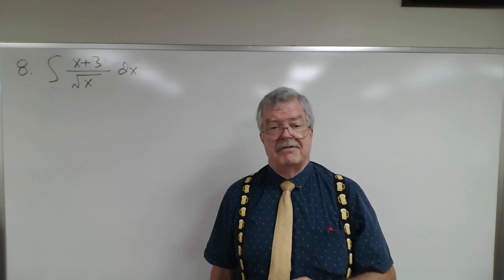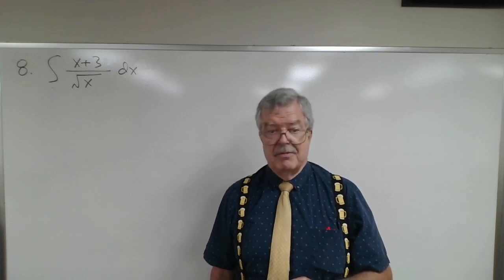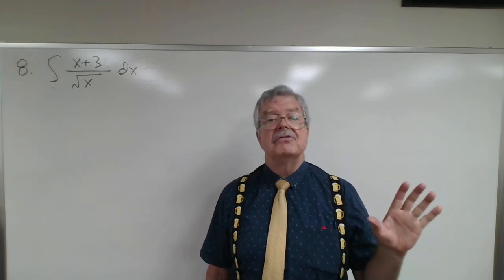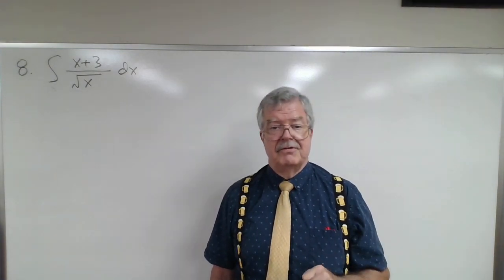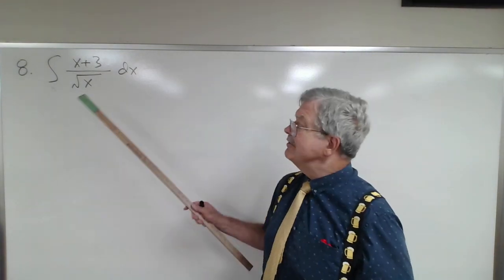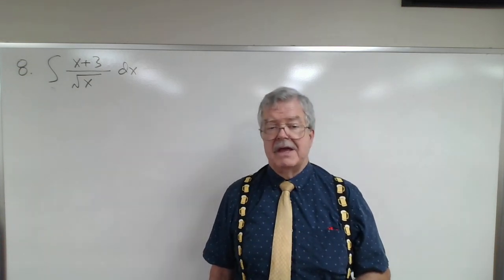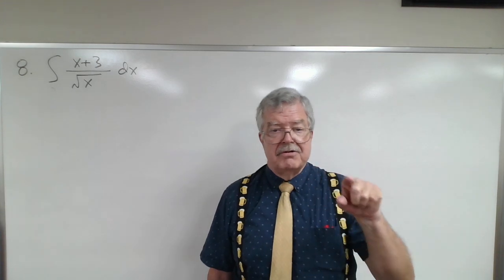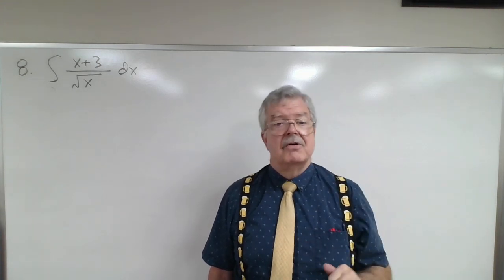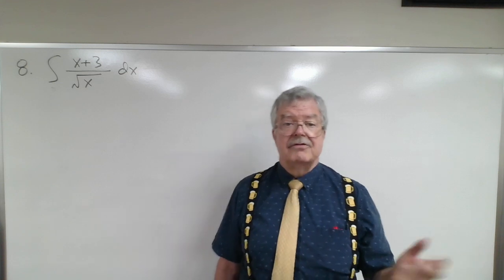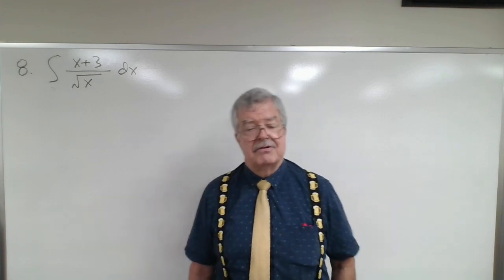The derivative of a sum or difference is the sum or difference of the derivatives. And the same holds for antiderivatives. When we compute an antiderivative or an integral, we compute the antiderivative term by term by term. So the antiderivative of a sum or difference is the sum or difference of the antiderivatives.